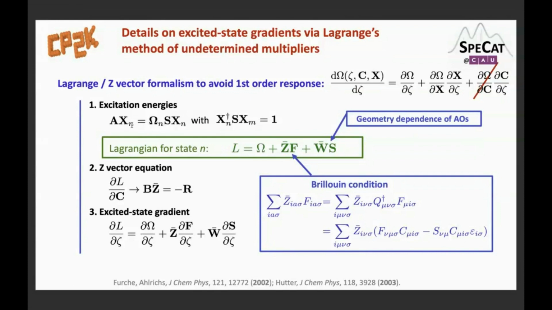What we have to do here is that we have to choose a formalism that allows us to avoid what we call the first order response, so the perturbation of the MO coefficients, the derivative of the MO coefficients with respect to the perturbation. Just taking the total derivative straightforwardly would really include such a term, and this would be really costly.